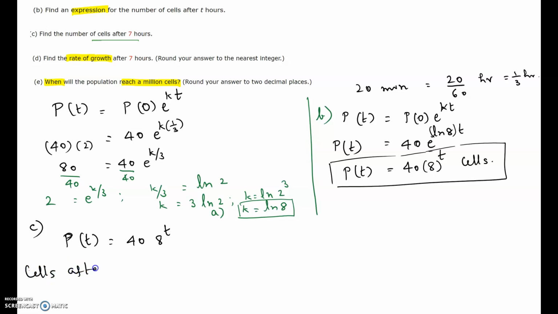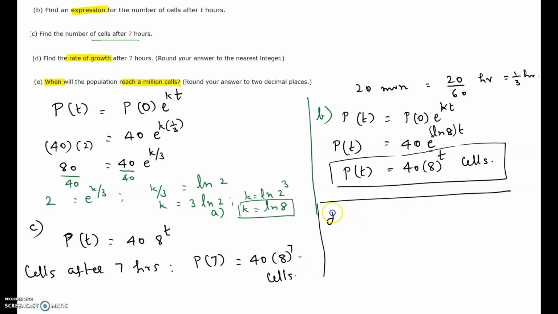It is obtained by replacing T by 7, which is 40 times 8 to the power 7. That many cells. You can compute this in your calculator to find out the figure, and then write that. That will be a very big number.